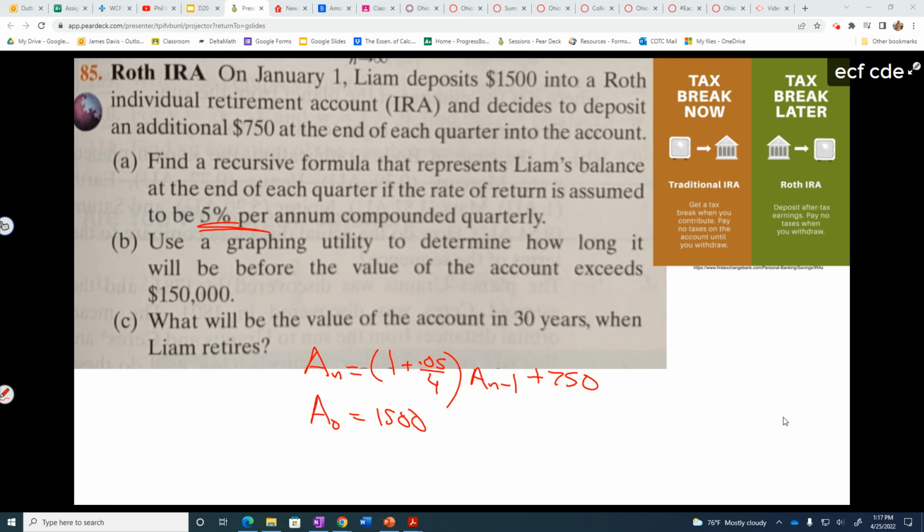All right, so now after 100 payments, we're at 95,000. But we have to consider, is this the same amount of time? This is 100 payments, but we're talking about months now, right?